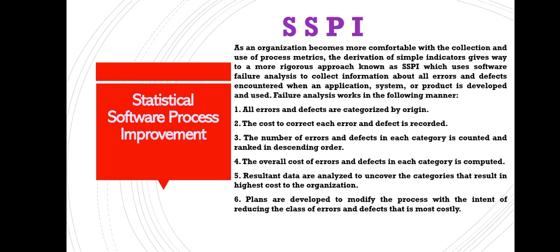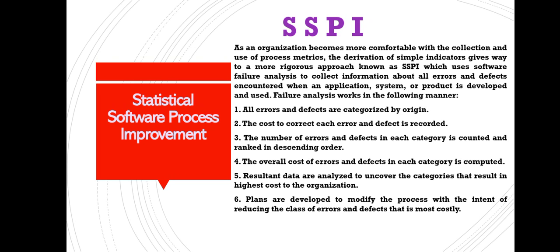The next failure analysis work is that the resultant data are analyzed in order to uncover the categories that result in the highest cost to the organization. It means the resultant data is to be analyzed so that the uncovered categories, if they are present in our project in either errors or defects, and that result in the highest cost to the organization are identified.